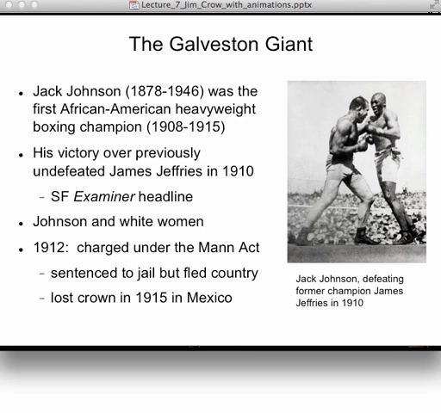I want to end this lecture with a man who became a very important symbol of black resistance as part of the sporting world. He was known as the Galveston Giant from Galveston, Texas. Jack Johnson was the first African American to hold the heavyweight boxing championship of the world from 1908 to 1915.